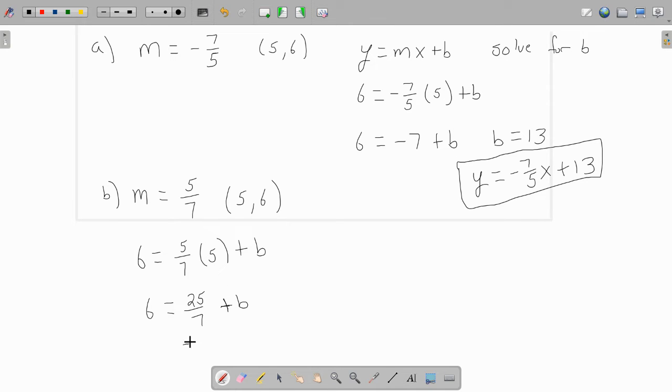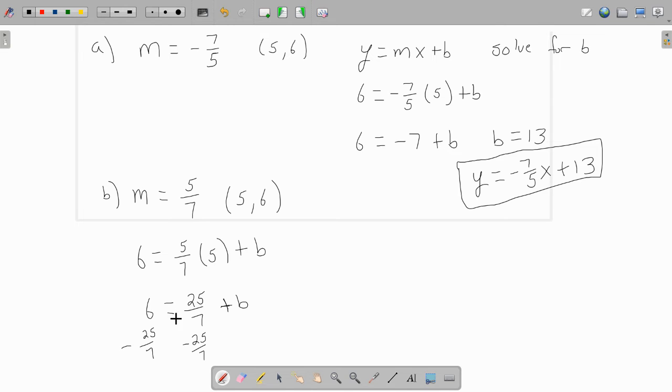All right. So I subtract 25 over 7 from both sides. I'm not sure if Alex wants the decimal or fraction. I'm going to use a fraction. You can always make it a decimal.